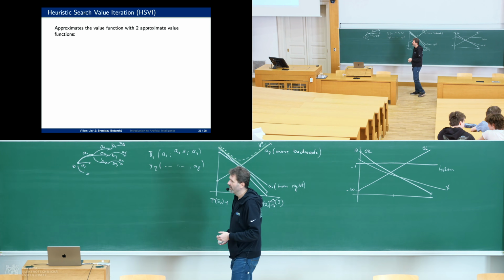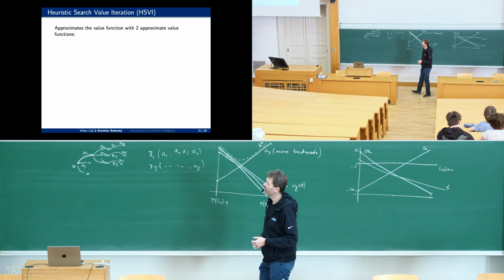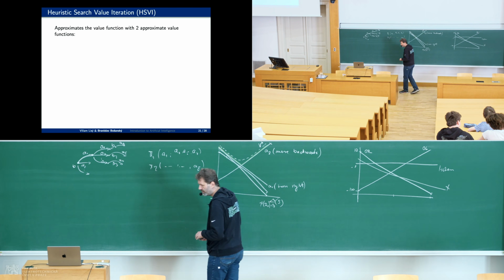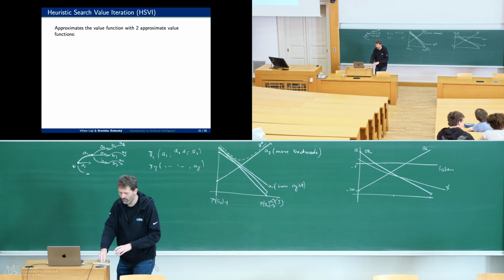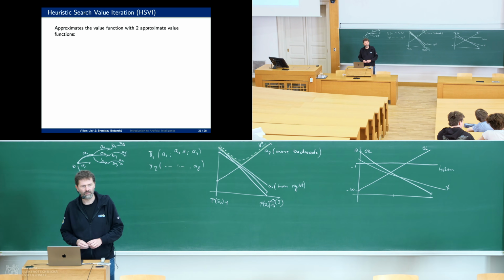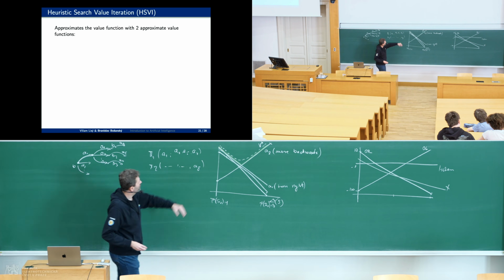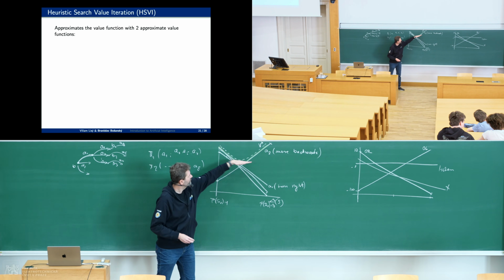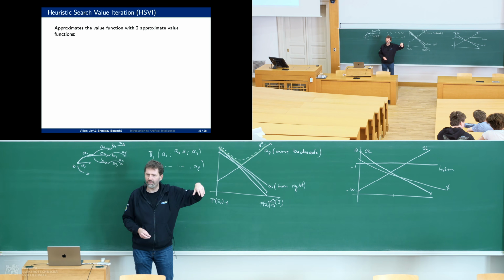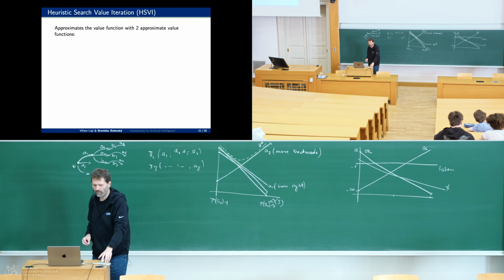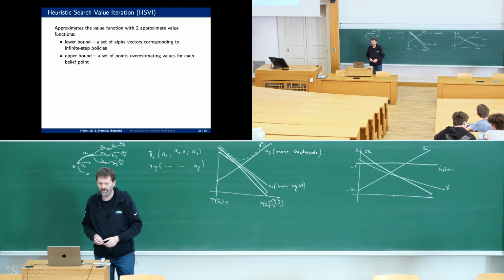So for HSVI, the heuristic search value iteration algorithm, we will have 2 approximations of the value function. We'll not only have the lower bound approximation that we had so far, but we will also have an upper bound approximation, right?